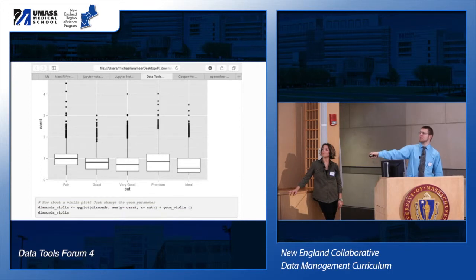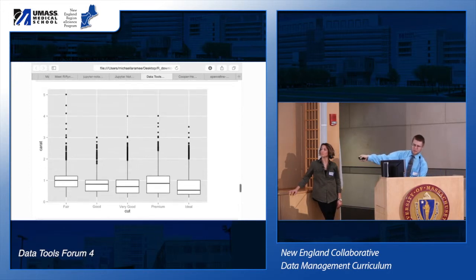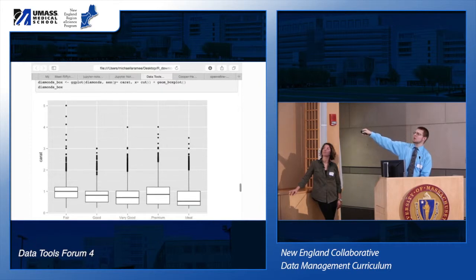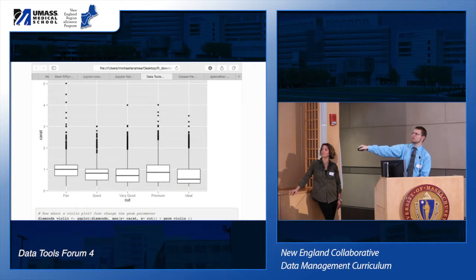So again, one thing I'm going to point out: diamonds box, ggplot diamonds, caret, box plot, diamonds box, right? Can we remember that? Because the screen's a little bit too small. All we did was change this code around very slightly.